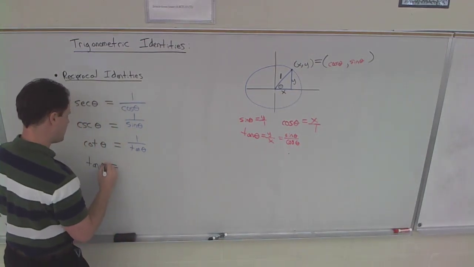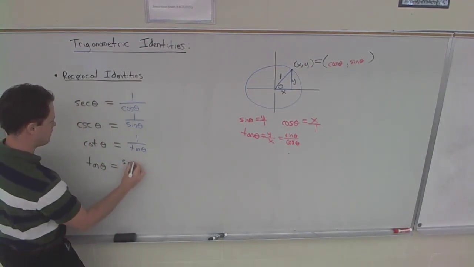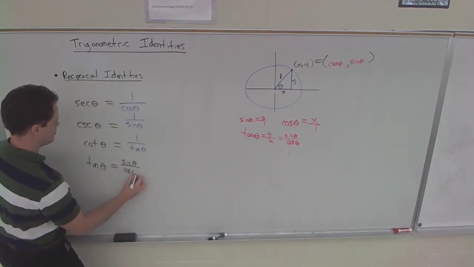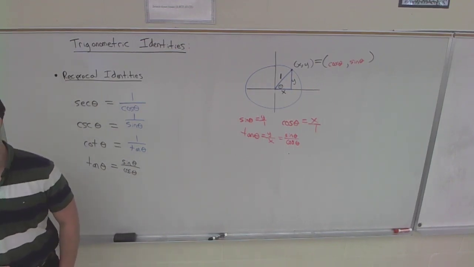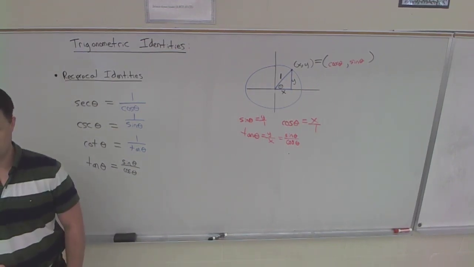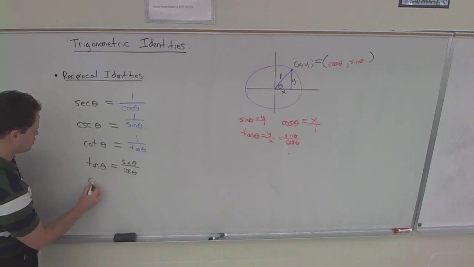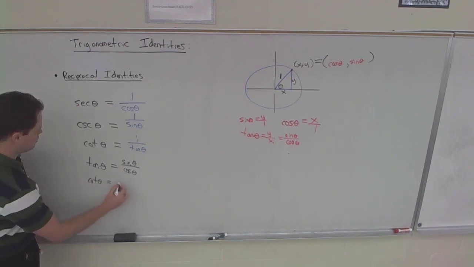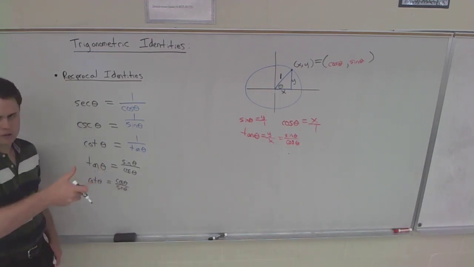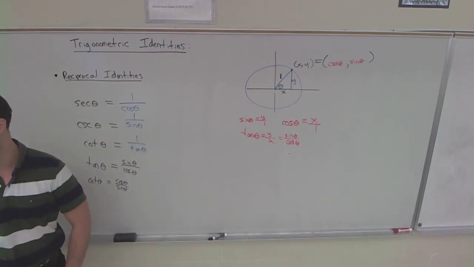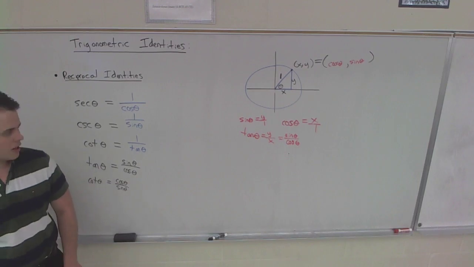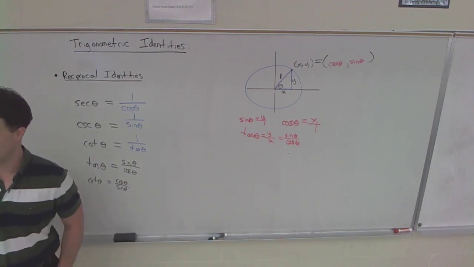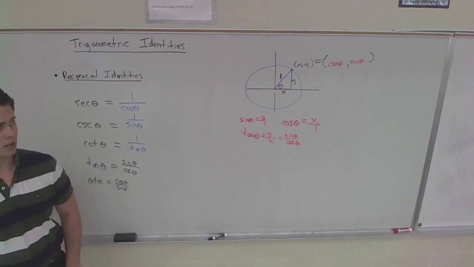That's an identity. Any angle, if you take its tangent, it's the same thing as sine of it over cosine of it. Likewise, cotangent is cosine over sine if you flip it. I think we've already done that, but we haven't used it a lot yet, so now you're going to start really using this a lot.